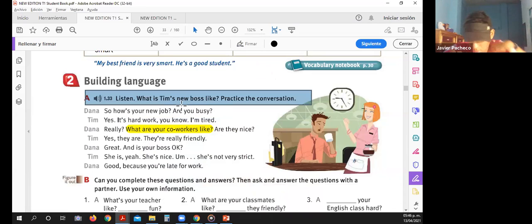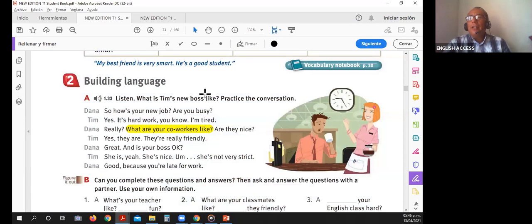What is Tim's new boss like? Ah, here is the word, like. What does like mean? ¿Qué significa like? Gustar. We use this word when we are attracted to someone. For example, I like food, I like ceviche, I like Acapulco, I like to swim, gustar.